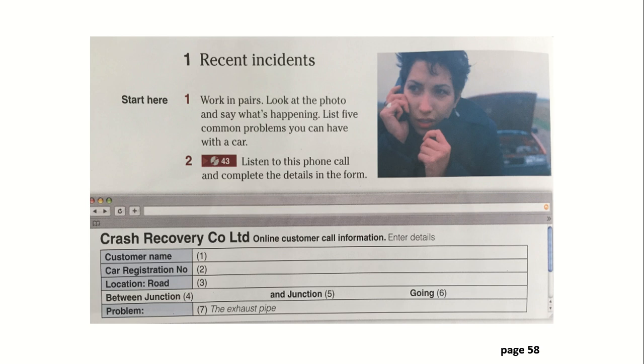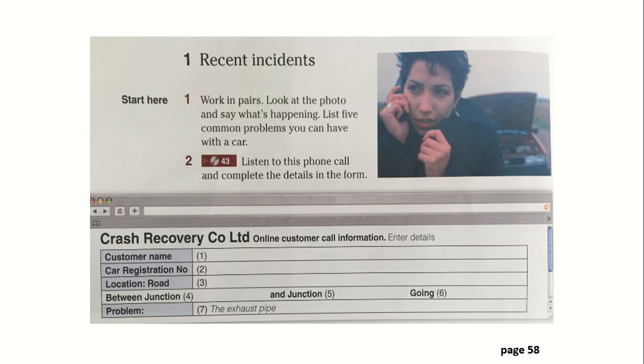Unit 8. Reporting. Recording 43. Hello, Crash Recovery Company. How can I help you? Oh, hi. I've broken down on the motorway. Okay, don't worry. What's your name and car registration number? My name's Anita Zubaid. That's Anita spelt A-N-I-T-A and Zubaid spelt Z-U-B-A-I-D.